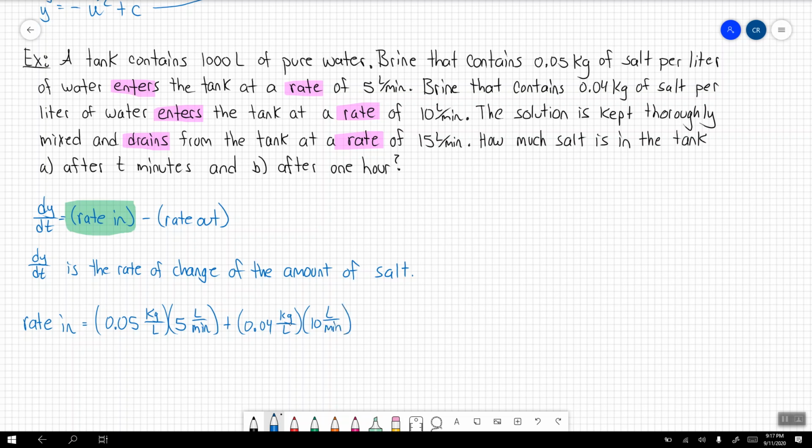Once I multiply these two quantities, naturally we will be left with kilograms per minute. That gives us the rate of change for the salt in that tank. Now we need the rate out. So let's go find the rate out.